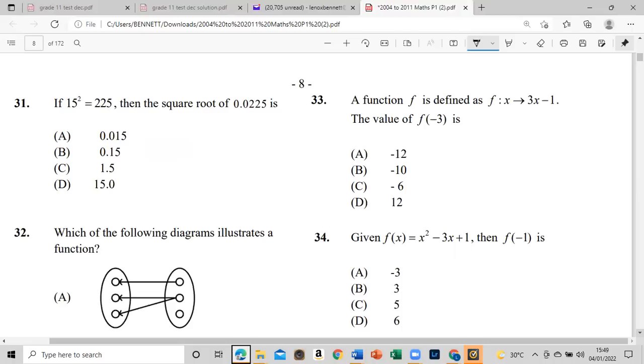What's a square? I like that question. 0.15.